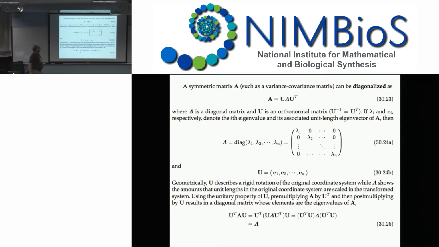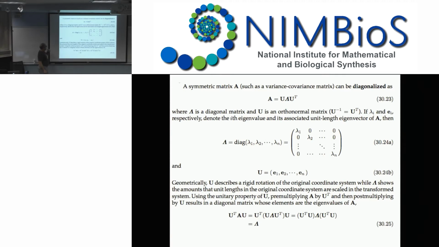If lambda is an eigenvalue of A, and e1 is its eigenvector, what's an eigenvalue and eigenvector of A inverse? Well, it turns out the eigenvectors are the same, and the eigenvalues are simply 1 over that. So if I have eigenvalues for A, the eigenvalues for the inverse are 1 over that. What about A to the 10th power? The eigenvectors are the same as A, and the eigenvalues are simply these things to the 10th power. So a lot of interesting features about eigenvalues fall out of this decomposition.